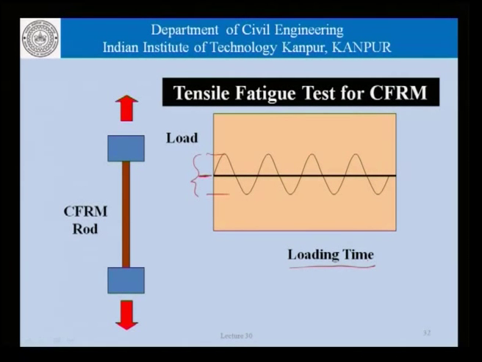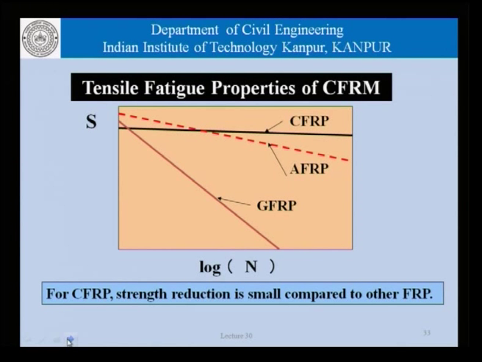So, there is a loading cycle and we apply cycles of load. This is represented traditionally in the form of an SN curve, which shows the number of cycles to failure at a certain stress level. The level here on the y axis is the applied stress to the failure stress.